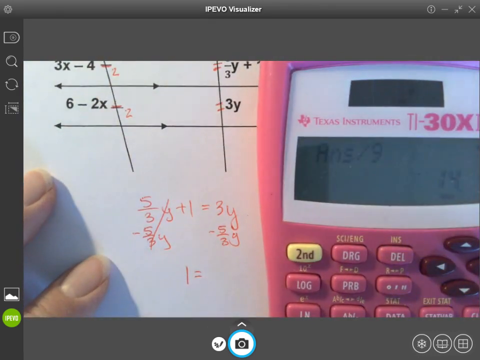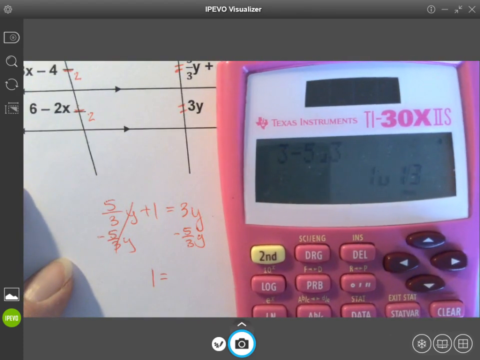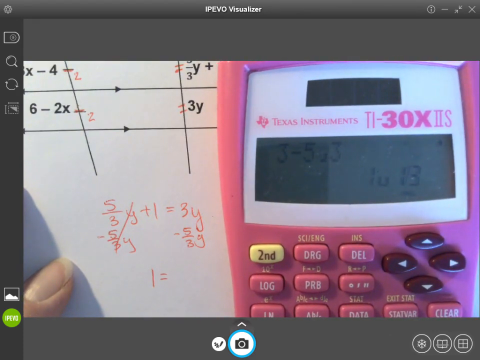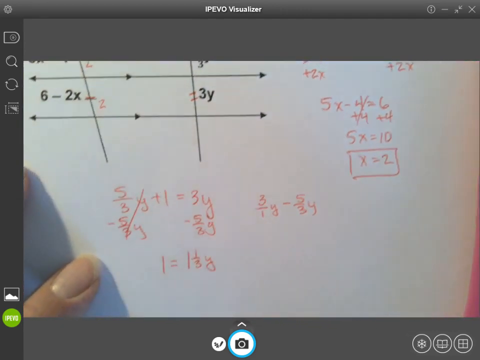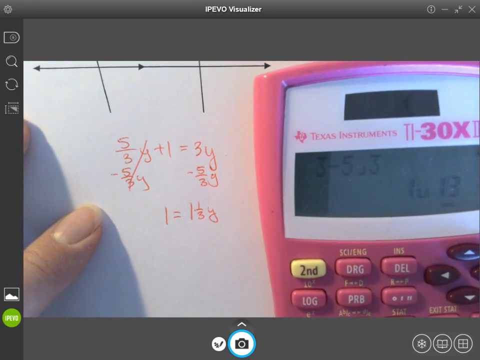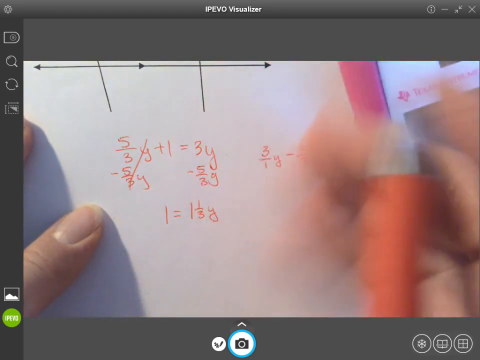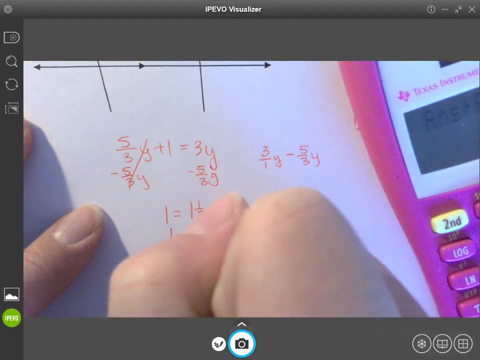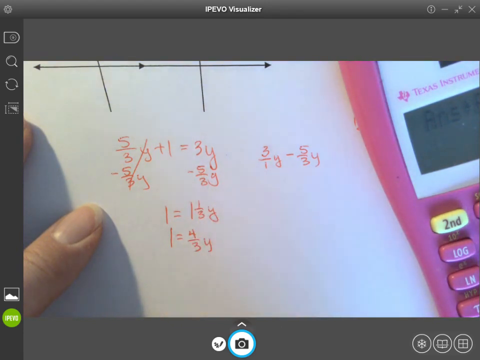I'm just going to type in the calculator 3 minus 5 fraction 3, and I get 1 1/3. Okay, 1 1/3 y. Or if you don't like that mixed number, you could hit second and then your mixed number to improper key, and I get 4/3. Or, you know how to change your numbers. 1 times 3 is 3, plus 1 is 4/3.